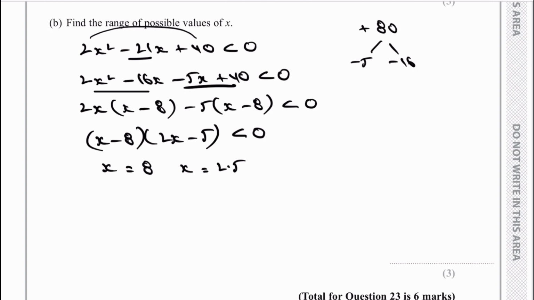Okay, so if we just draw that onto some sort of quick sketch here, I'm going to have something like that. Not the greatest sketch in the world, but this would be 8, and this would be, in this particular case, 2.5. Now the inequality is where the values are going to be less than 0, so it's actually these values below the line, that's the bit I'm interested in.